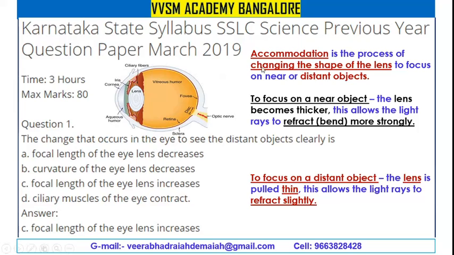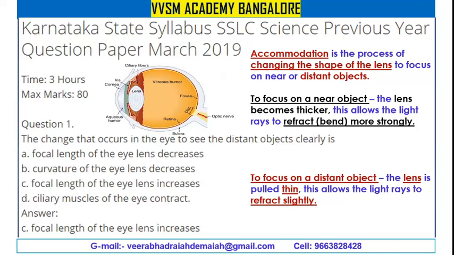For that, the tip is: accommodation is the process of changing the shape of the lens to focus on near and distant objects, to accommodate the image on the retina. That means our lens is adjustable in nature. The human eye has a special quality. To focus on a near object, the lens becomes thicker. This allows the light rays to refract, or bend, more strongly. To focus on a distant object, the lens is pulled thin.